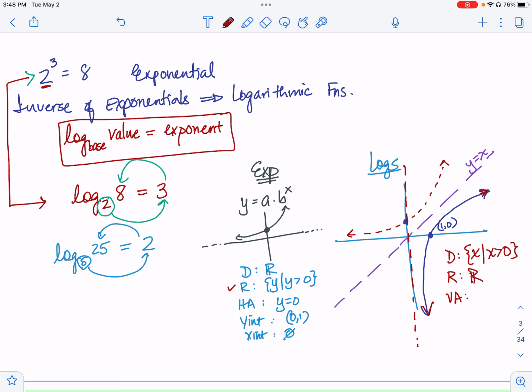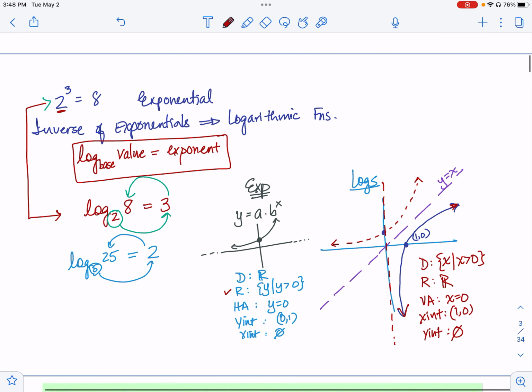It'll have a vertical asymptote instead, which is the y-axis. The equation of the y-axis is x equals 0. It has an x-intercept at 1, 0, and it does not have a y-intercept because there is an asymptote there. So this is the crux of logs, and how logs are inverses of exponentials.